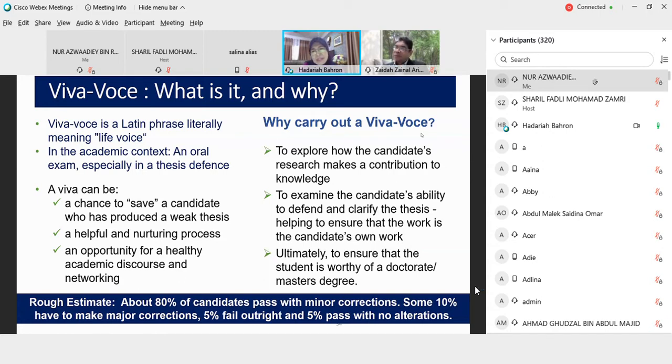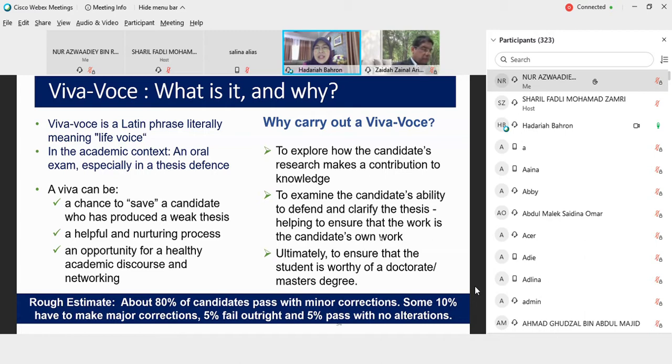Why is a Viva-Voce important? It is important to explore how the candidate's research makes a contribution to the knowledge. We want to establish this. We want to examine the candidate's ability to defend and clarify the thesis, helping to ensure that the work is the candidate's own work. Because sometimes we hear people saying, oh, that's not his work, actually, he's just presenting somebody else's work.